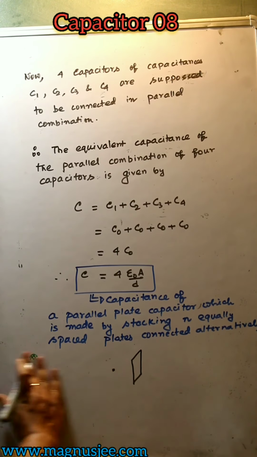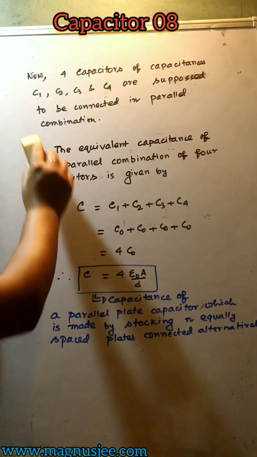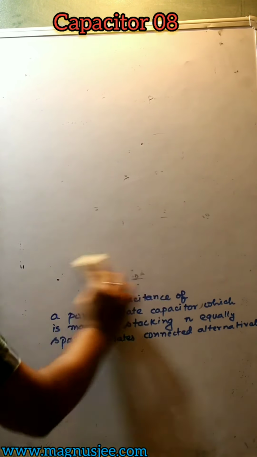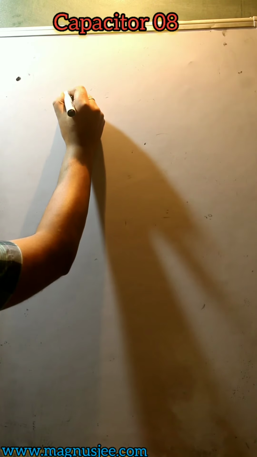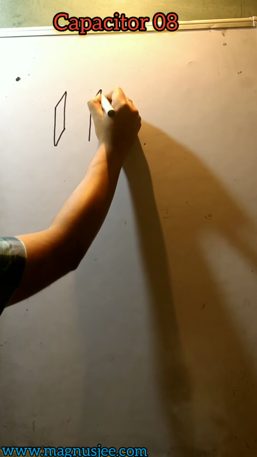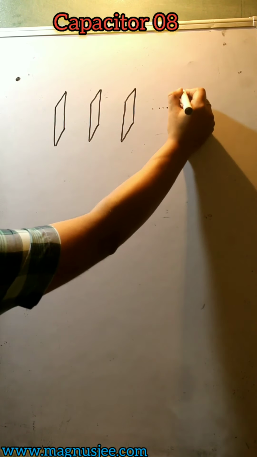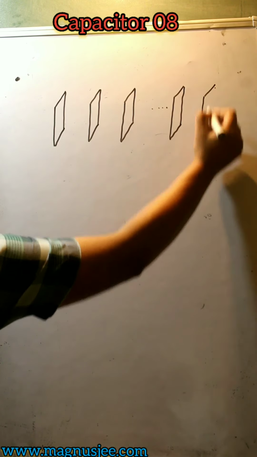Now we can draw a parallel plate capacitor containing n number of plates. So now we can erase this to draw a parallel plate capacitor containing n number of plates. Here n number of plates are stacked one by one and they are connected alternatively. This is the (n minus 1)th plate and the last plate is the nth plate.